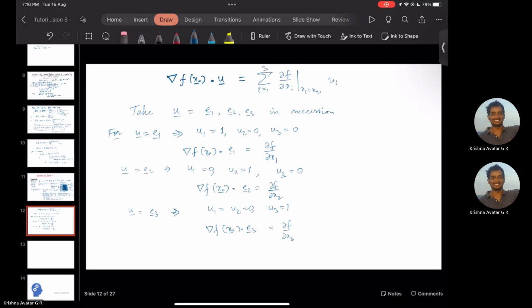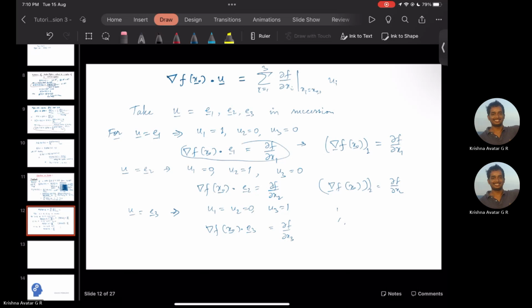So what I'm trying to say is that from this definition, you can clearly see that the grad f at x naught, the first component is, and likewise, isn't it?